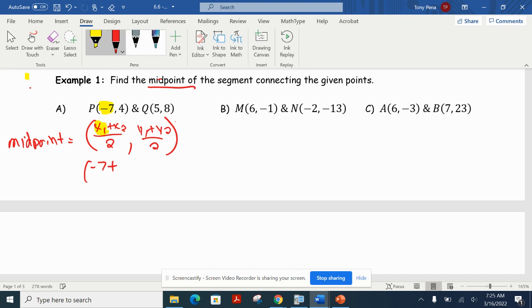This is the x coordinate of point number 2, that's the 5. We're adding those and then figuring out what is in the middle by dividing by 2. This wants the y coordinate of the first point, that's the 4. This means the y coordinate in the second point, that's the 8. Cut it in half. So add these together. This should give me a -1. This is 12 over 2, which is 6. That's the point in the middle of those two. Okay?